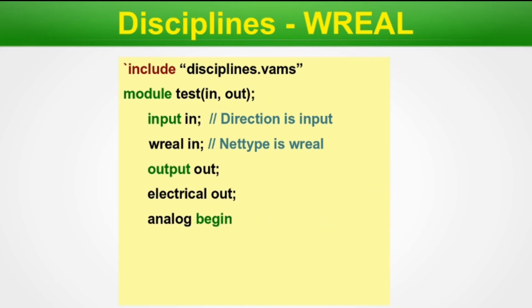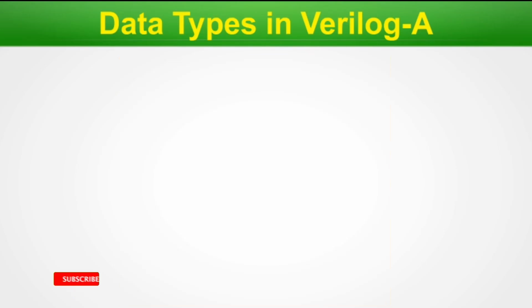We start our analog block by analog begin, and we write our contribution statement that V out contributed by in, where in is a Wreal net, and it will carry the real data type value directly to the output. We close our analog block here by the end statement, and we close the entire module by end module statement. So guys, this is the example of usage of a Wreal discipline, and here by using the Wreal we can create a net type Wreal.